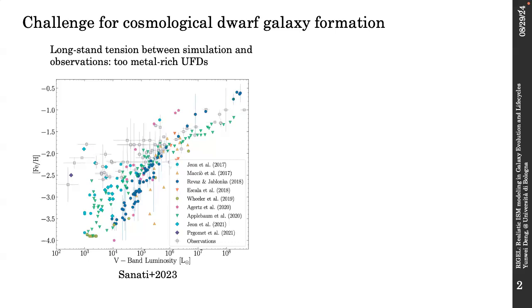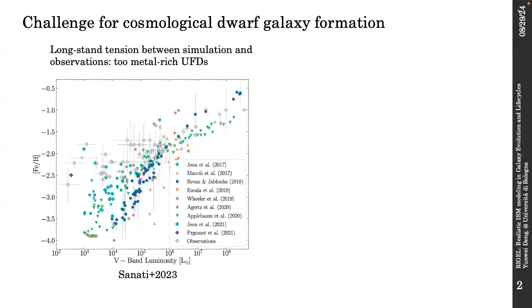But for a cosmological simulation, I can start with zero metallicity and see what it evolves into. Also the stellar mass-halo mass relation and the size-stellar mass relation. All these scaling relations have some tensions between simulations and observations, and this is what can be resolved in our cosmological simulations.